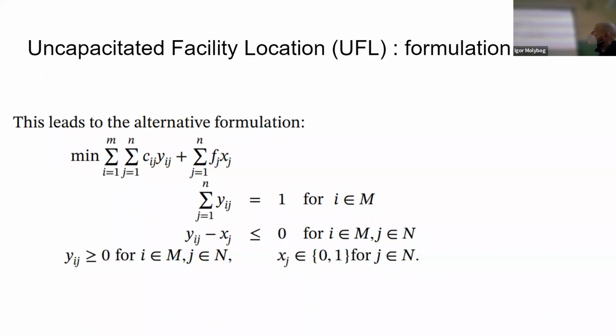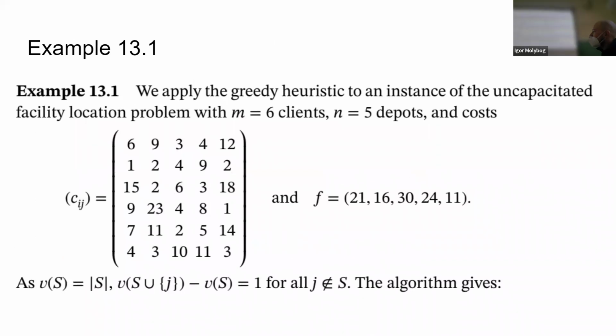if we assume that, for example, there is some i for which Yi1 is not equal to 1 and Yi3 is not equal to 1, so they are both fractional. Then we assume that c i1 is greater than c i3.